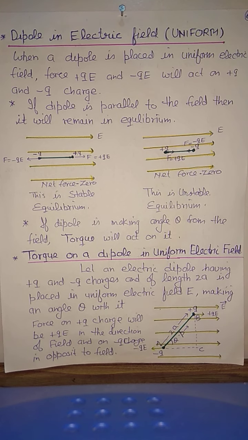And in both the conditions, net force is 0, and both the dipoles are in equilibrium, but two conditions are there. One is the stable equilibrium and the other one is the unstable equilibrium.